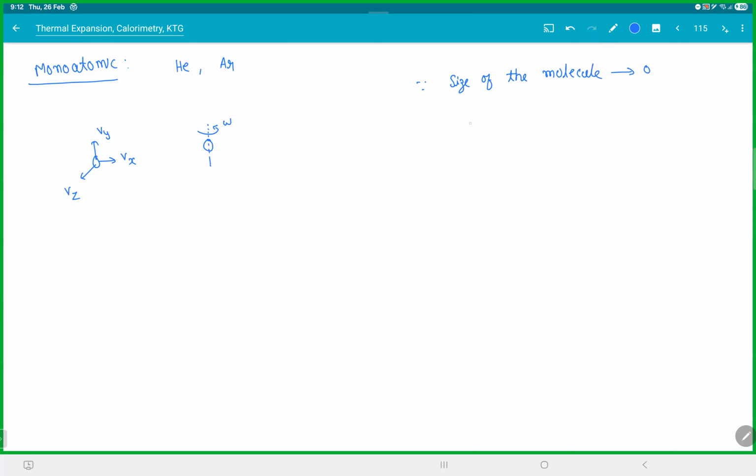So the moment of inertia I, which is 2 by 5 mr square, will also tend to 0. Therefore, the rotational kinetic energy half I omega square will also tend to 0. So this is negligible, we ignore this. A monatomic will only have 3 translations. So for monatomic, f is equal to 3.